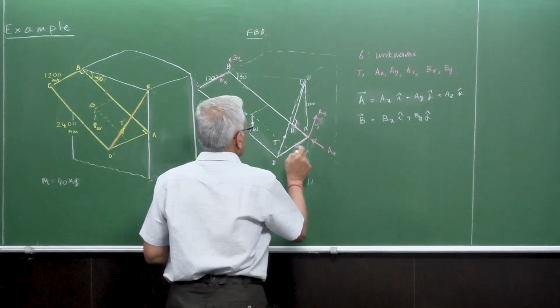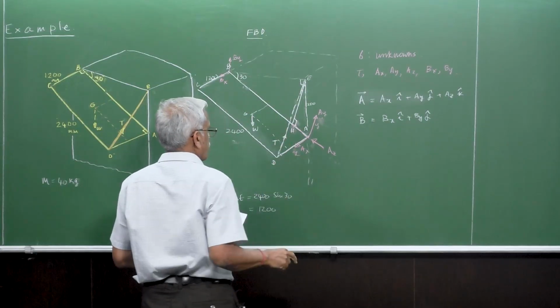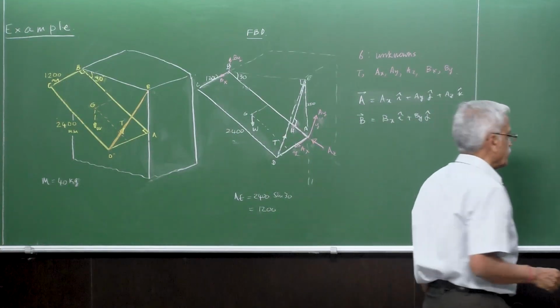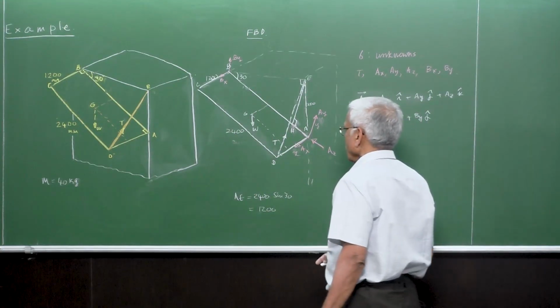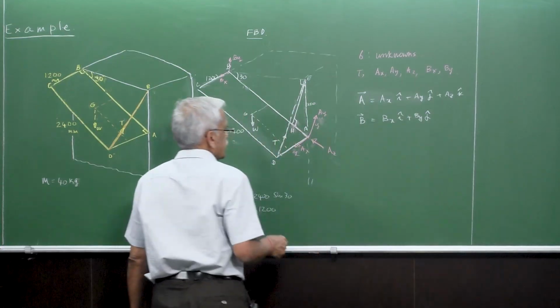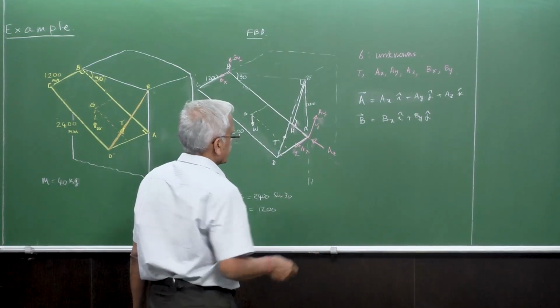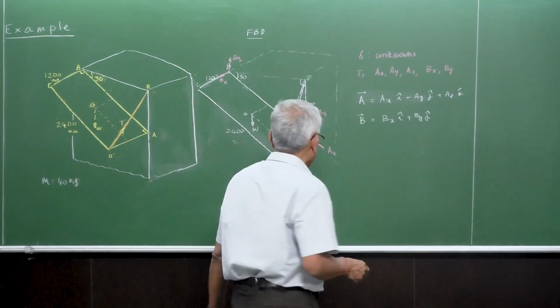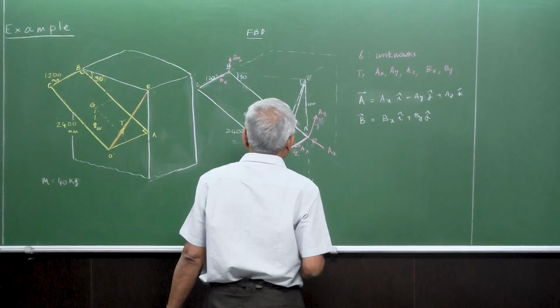So how are we going to implement the equilibrium equations? One thing is that the total forces in x direction, in y direction, in z direction are to be 0, and similarly the moments.